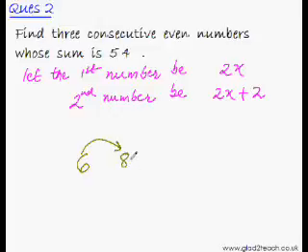Now, how do we get 8? By adding 2 to the first number. And using the same logic, can you tell me what would the third number be? 10. And how do we get 10? By adding 4 to the first number. So the third number will be 2x plus 4.